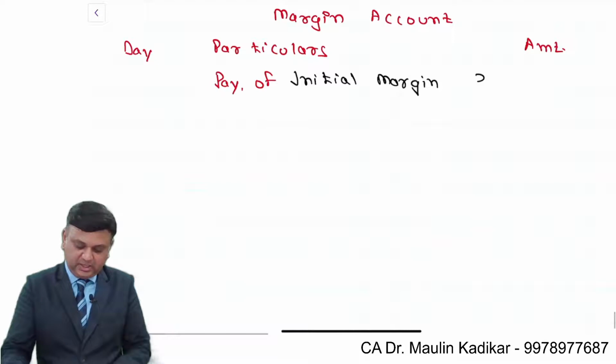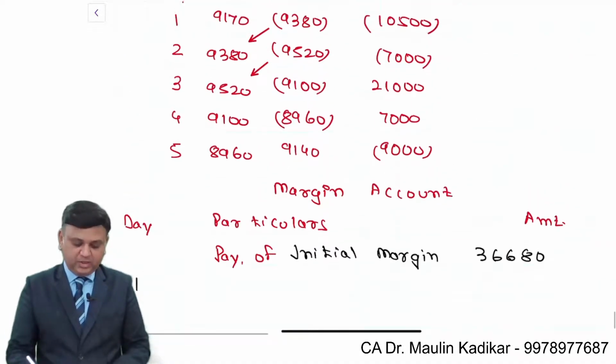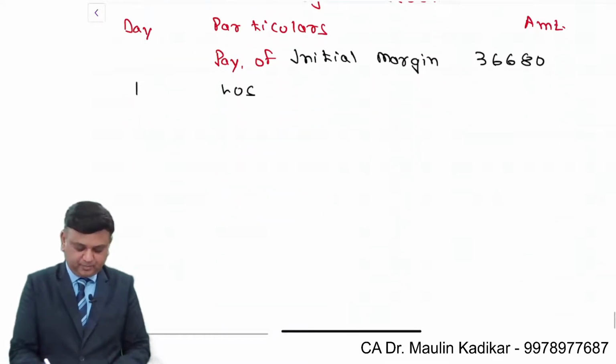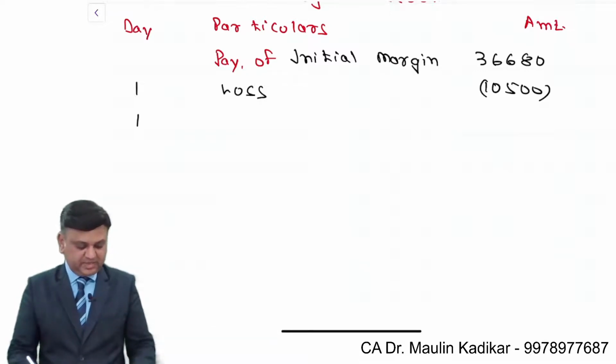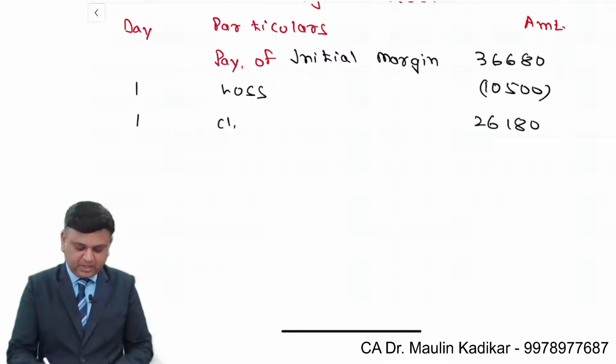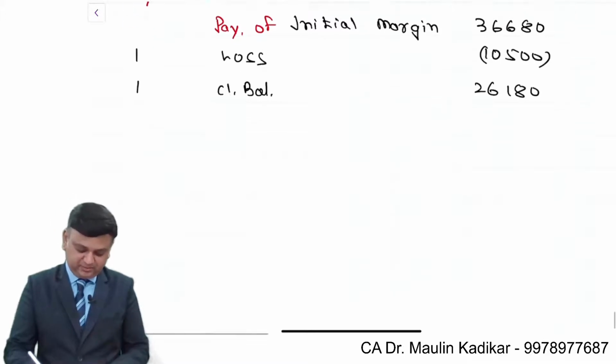So here it is 36680. On day 1, so there is a loss. Loss of 10,500. So day 1 the closing balance is 26,180. So this is the closing balance before margin call.